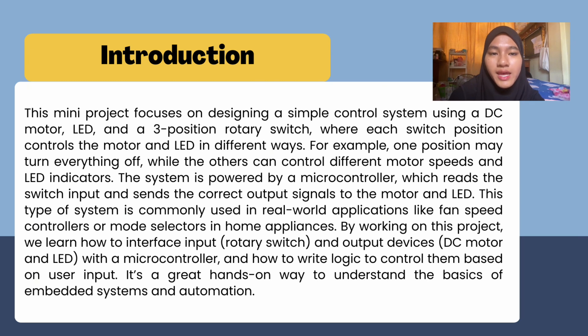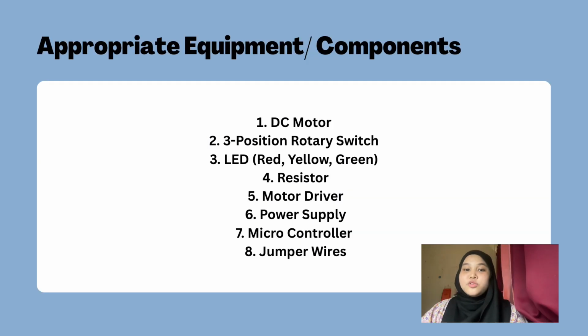It's a great hands-on way to understand the basics of embedded systems and automation. So for the appropriate equipment or components, first we should have a DC motor, 3-position rotary switch, LED, resistor, motor driver, power supply, microcontroller and last but not least, jumper wires.